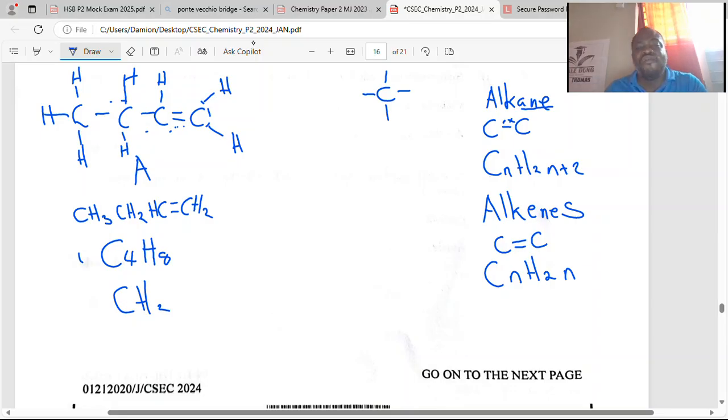Now, the functional groups are so important. They get preference, especially for the alcohols and the alkenes. If you look at the question, if you look at D, I'm just saying D is an acid, an alkanoic acid.